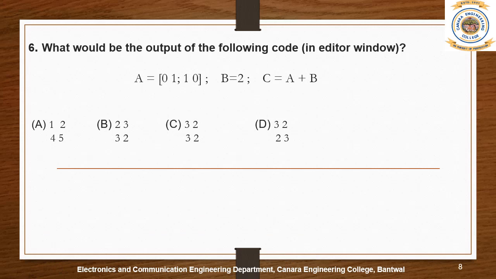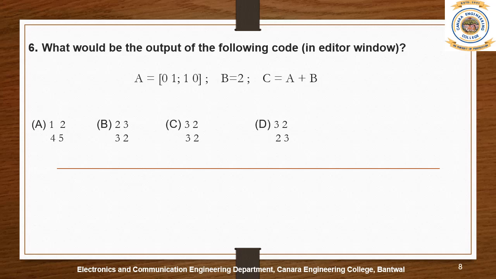What would be the output of the following code if we use this code in the editor window? Basically, A is a matrix. This is how we define a matrix in MATLAB. The first row is 0 1, and if you separate that with a semicolon, that is the next row, which is 1 0.